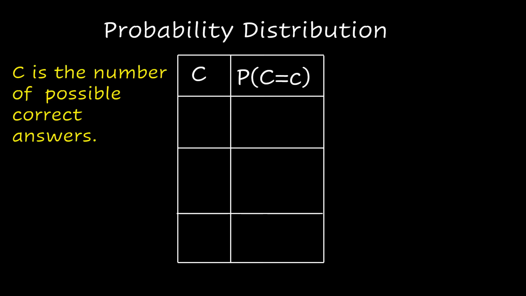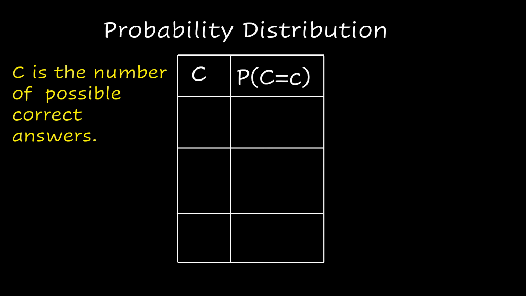Also remember that C is the number of possible correct answers. There are only two questions in the test. So if you are going to take this test, for example, is it possible for you to have five correct answers? Well, of course, no. There are only two questions in the test. You cannot have five correct answers. Is it possible for you to have only one correct answer? It is very possible. That will happen if you are correct in number one, but you are wrong in number two.